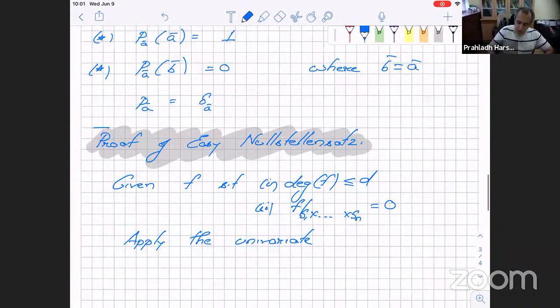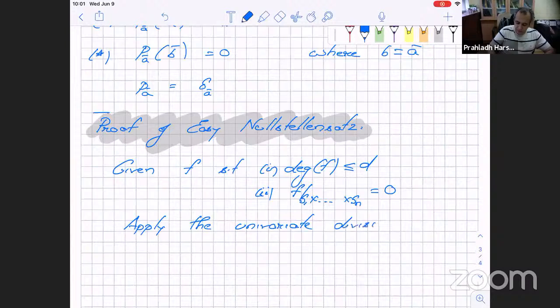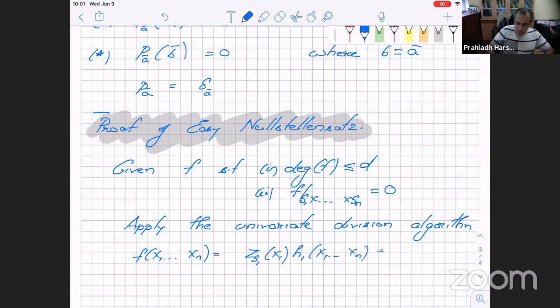So we'll apply the univariate division algorithm. f of x1 to xn, we'll first divide it by Z_{s1} of x1. It will give some h1 of x1 to xn and some remainder r1.